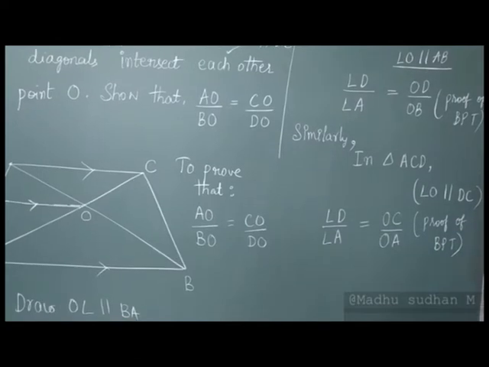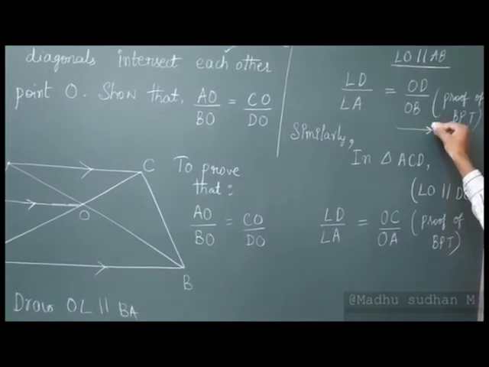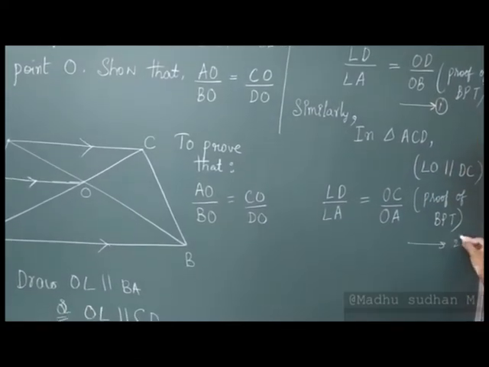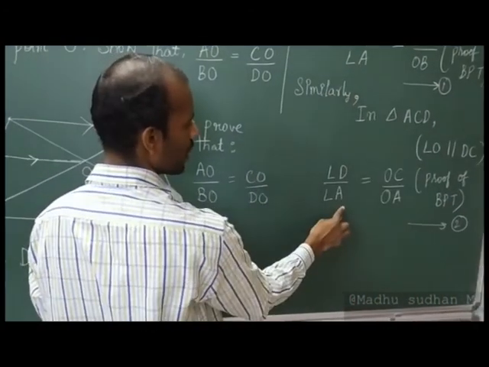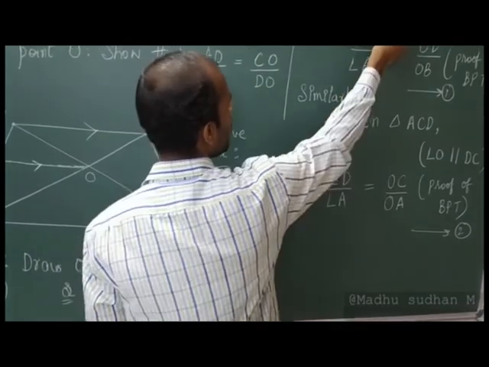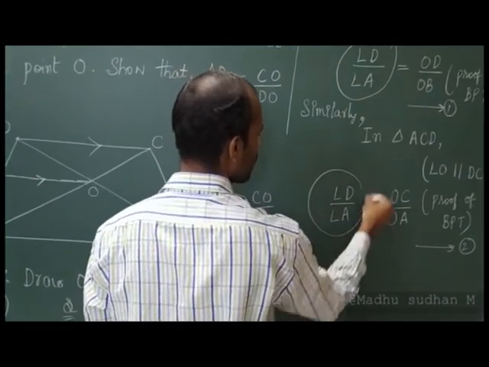Followed it. So let me call this equation 1. This is equation 2. When we compare equations 1 and 2, we can find this LD and LE both are the same, right?